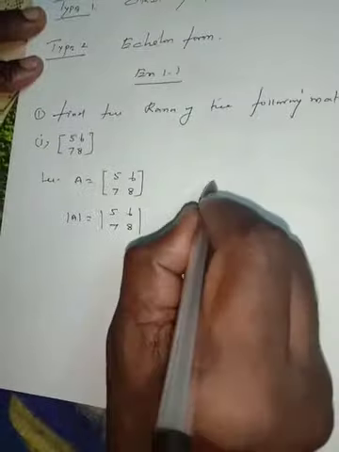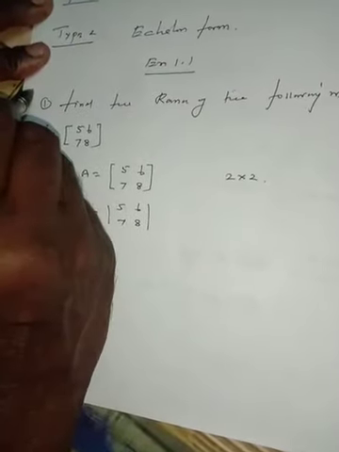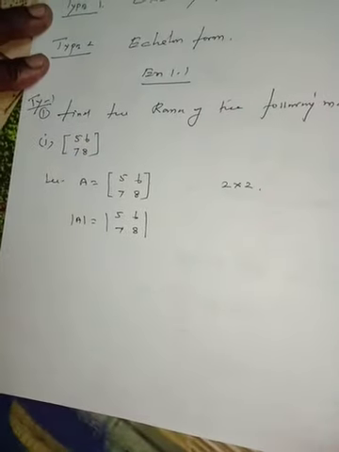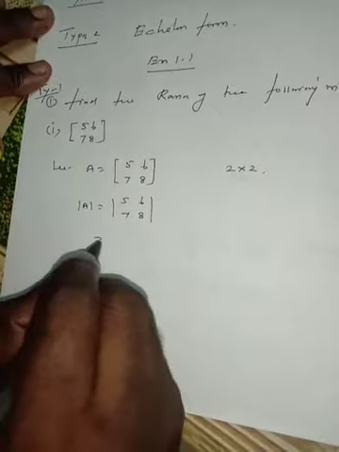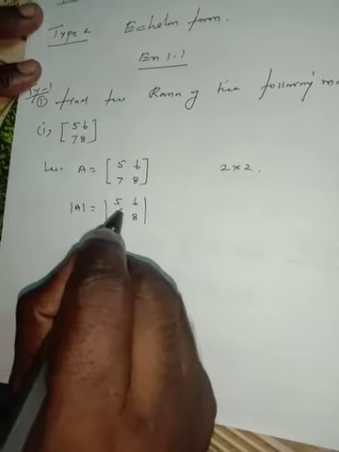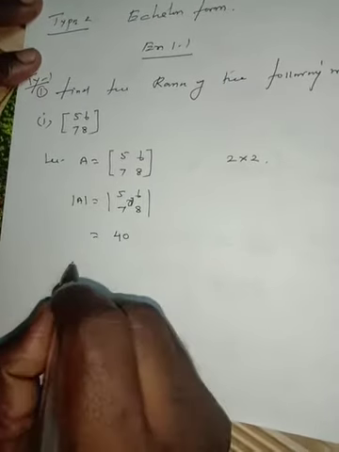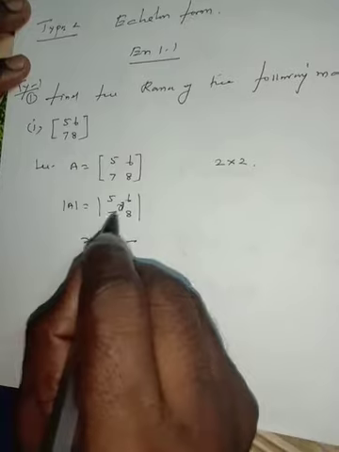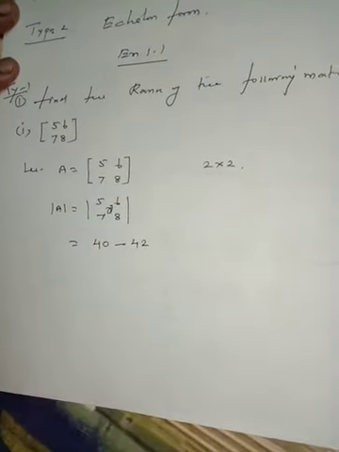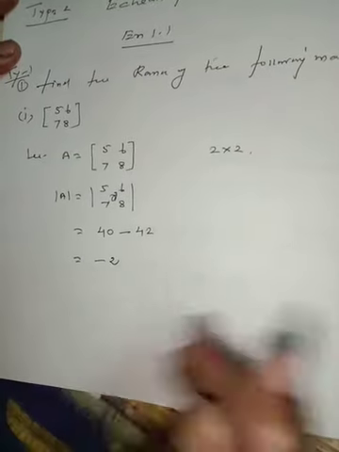This is a 2 cross 2 matrix, so type number 1. The determinant value of A is 5 eights are 40 minus 7 sixes are 42, which is equal to minus 2.